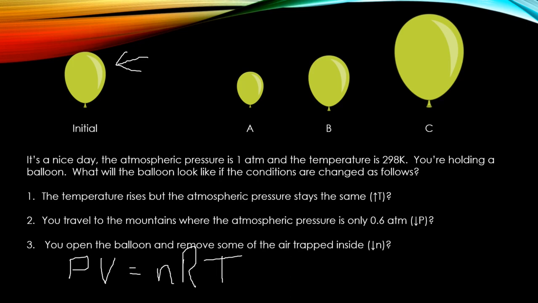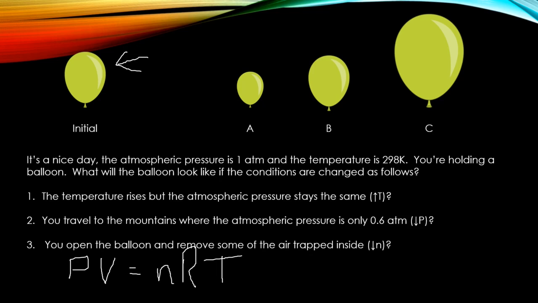If we hold all this constant, then we said that pressure times volume means that they're inversely proportional. A little easier way to look at it is if they're on the same side of the equation, they're inversely proportional. Pressure and volume are inversely proportional. N and T are actually inversely proportional, but it's kind of hard to get the conditions right for that to happen.